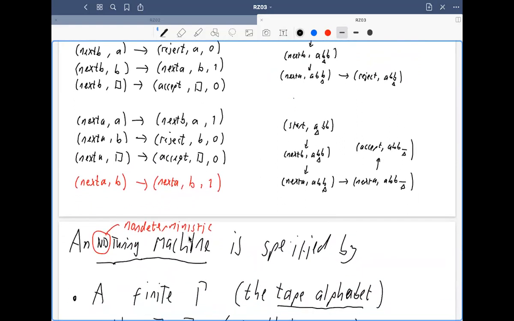So this is an exercise, you can think about it after the lecture. The question for next week is what language L, a set of words, is decided by this non-deterministic Turing machine.